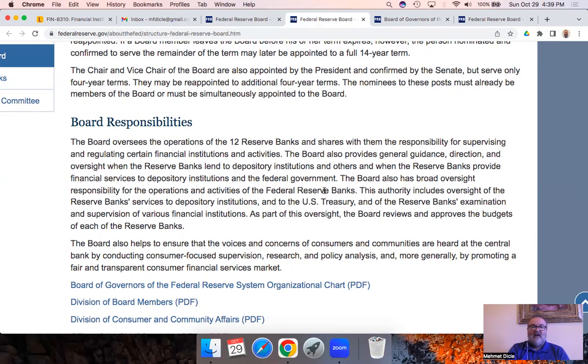They have an oversight responsibility of all of the individual banks. They also regulate the relationship between the 12 Federal Reserve banks and their extent of operations with individual financial institutions within their domain. And they also approve or review the budgets for individual reserve banks.